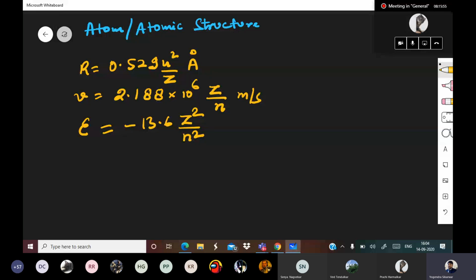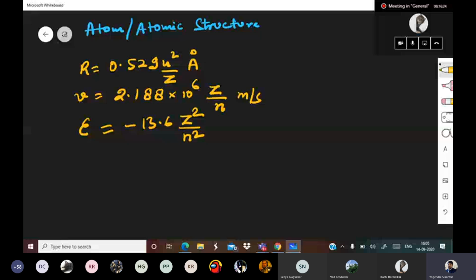Similarly, if n is increasing, that means the number of shells is increasing, then velocity decreases. That means the electron which is closest to the nucleus will be moving fastest, and vice versa.